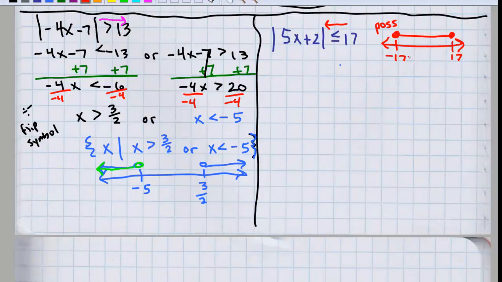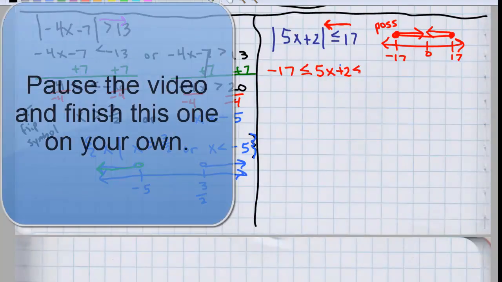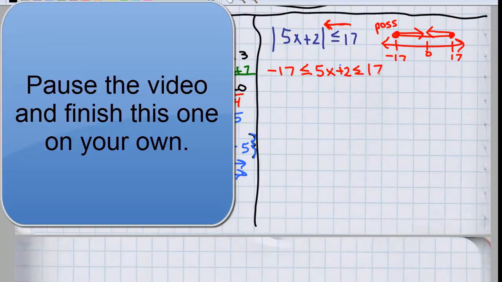Because it's the distance from 0, it's going to be between those two things because we're going towards the absolute value. That means we're going towards 0, so it's going this way and this way. It meets in the middle. So we set up an equation where we take this out, and it's going to be negative 17 is less than or equal to 5x plus 2 is less than or equal to positive 17.